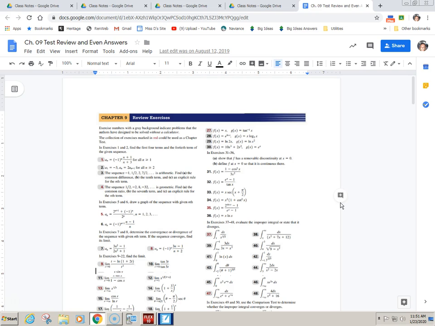Remember the whole times r. You can do a sub 1 times r to the n minus 1 for a geometric, or plus d: a sub 1 plus n minus 1 times d. I'm not saying you have to. I'm just saying you could, and it might make it easier. So, some of those arithmetic and geometric nth term formulas.